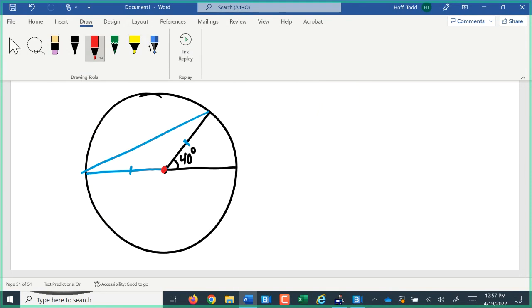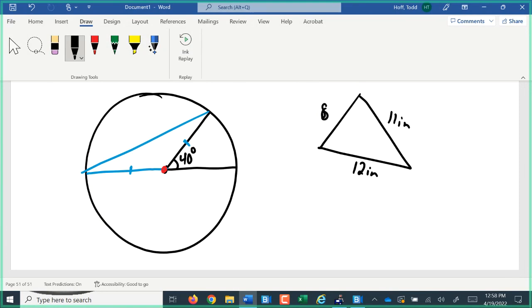Now, one rule we did not talk about in triangles is this. Let's say this is 12 inches, 11 inches, and 8 inches. We call these angles A, B, and C. Which angle has to be the largest, A, B, or C?